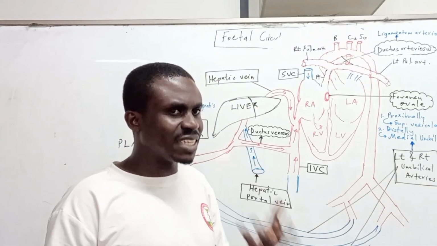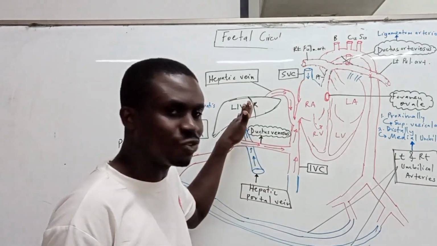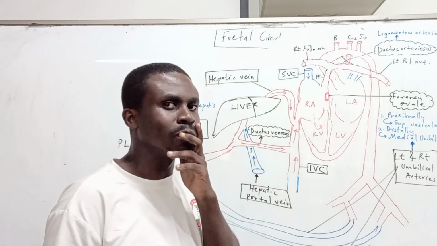Now we said there were shunts that bypass the liver so that blood gets to the inferior vena cava and eventually the right atrium.